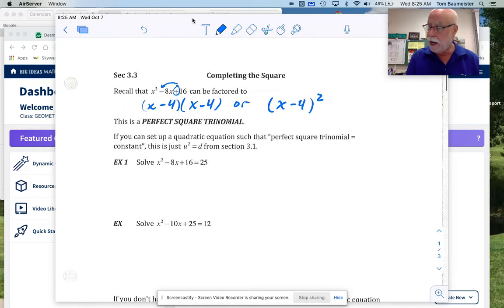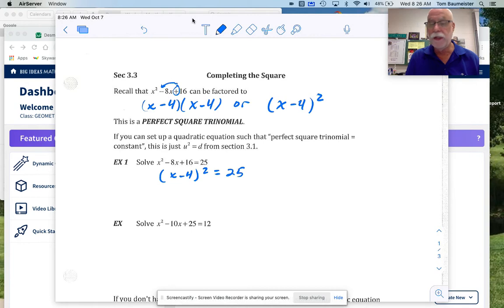All right, so let's go ahead and look at a couple of these. So example 1 here, which I just did for you, x squared minus 8x plus 16 is equal to 25. On that one, we can write that as x minus 4 squared is equal to 25.